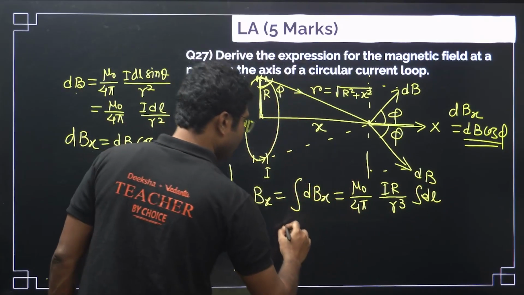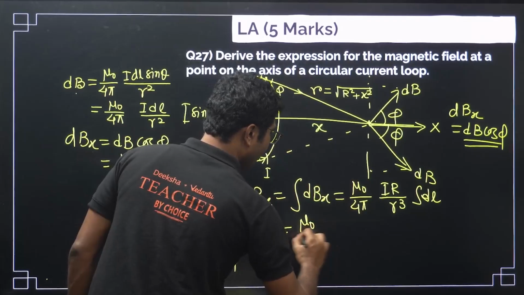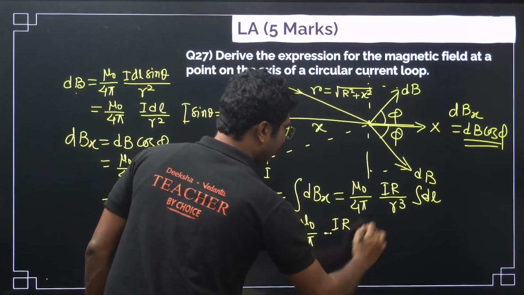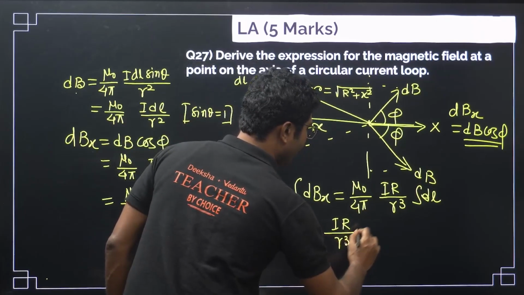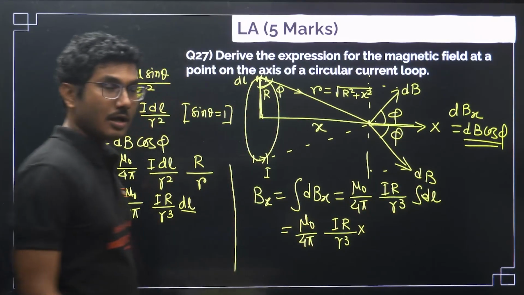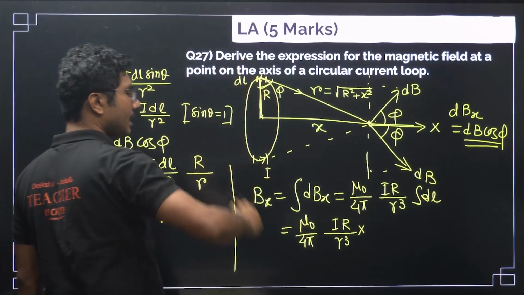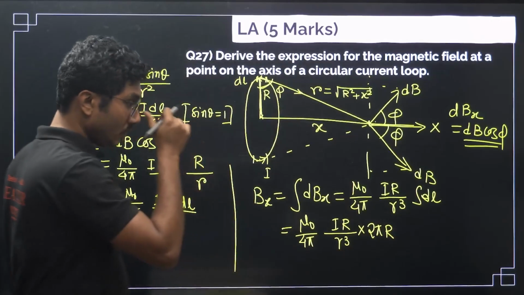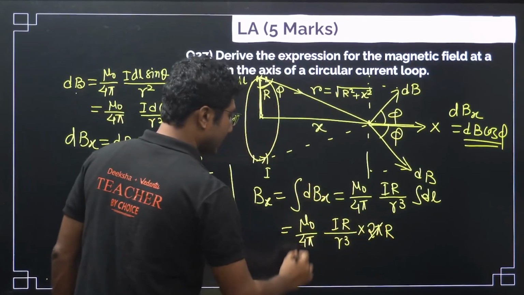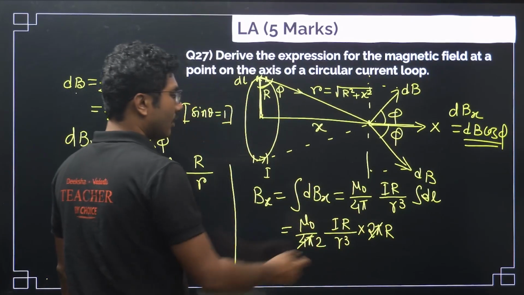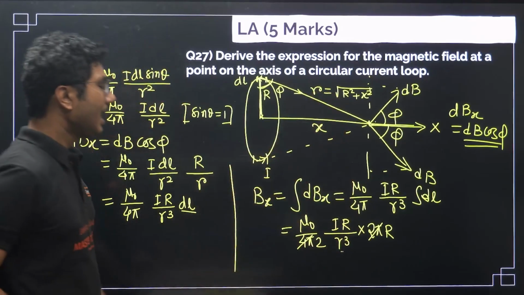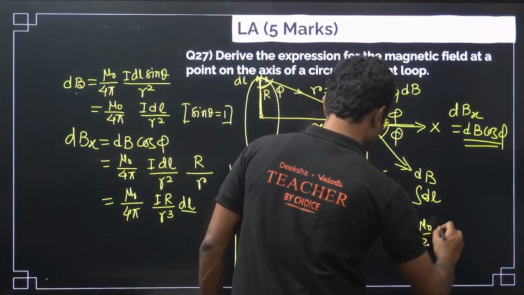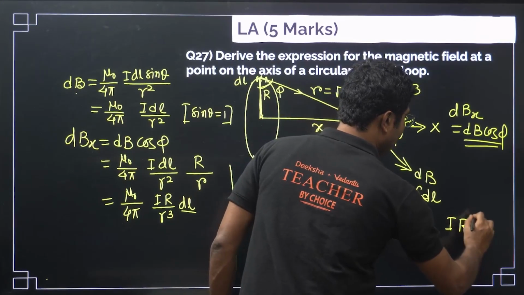Now, let us put in the values. Mu naught by 4 pi, I r by r cube into dl. What is dl? dl is the circumference of this circle, so it will be 2 pi into r. Okay. So, 2 pi gets cancelled over here, you get 2. Now, we have to put the value of r as well, and we get the answer as mu naught by 2, I capital R square.